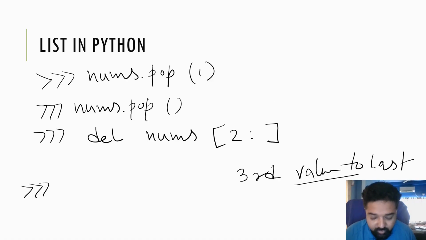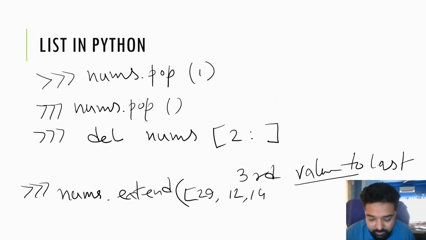Similarly, we can do extend also. Nums dot extend. We can add like this way. So this will add at the end of this nums list.